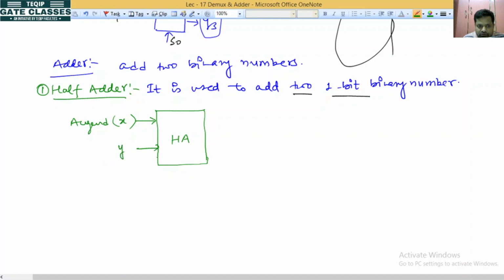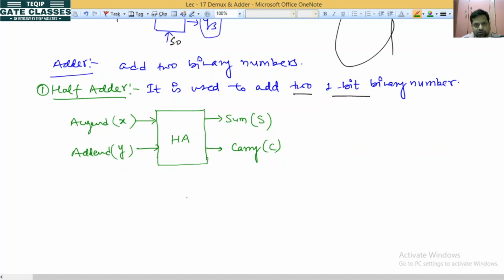Second one is the addend bit. Addend मीन्स जिसमें ऐड किया जाता है. ओके ना. सो वी गॉट टू आउटपुट हियर, sum and carry. Suppose sum is denoted with S, carry will be denoted with C. Okay na. So this is the block diagram of half adder.